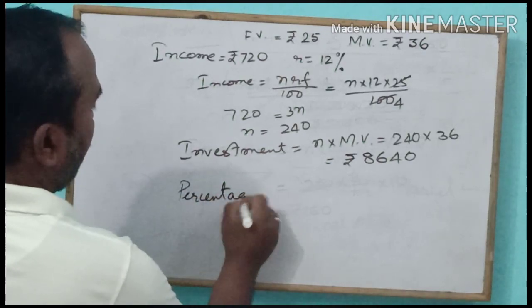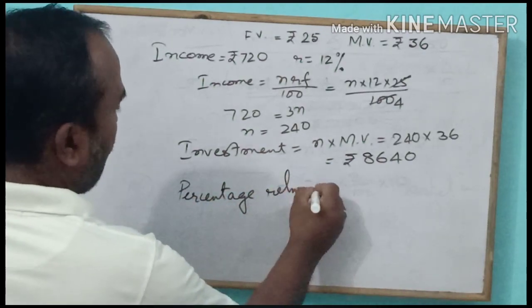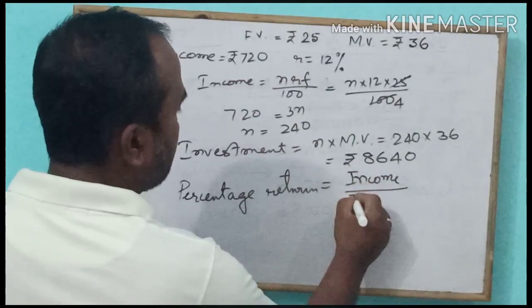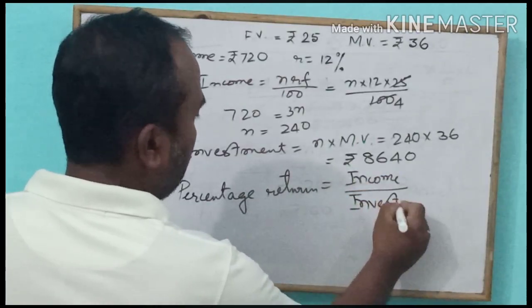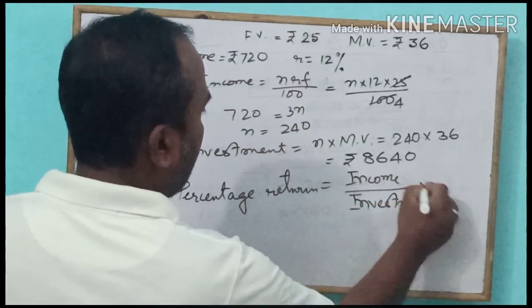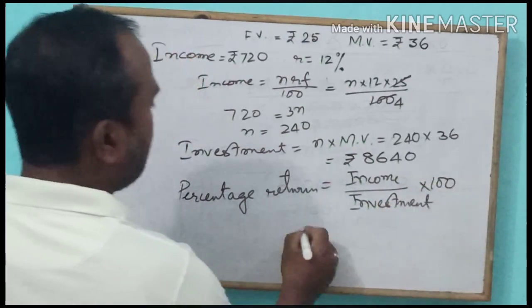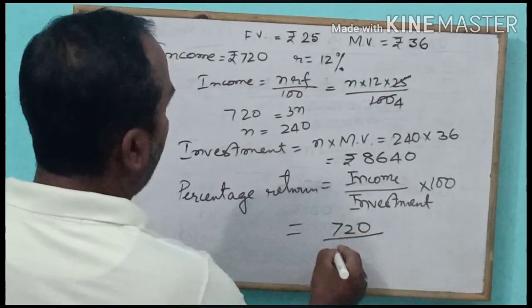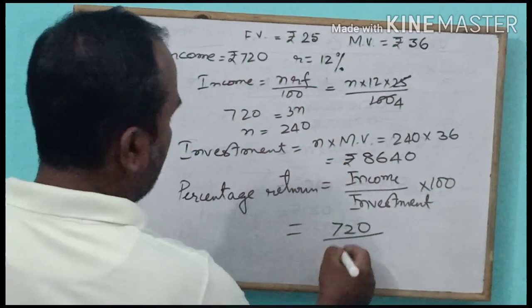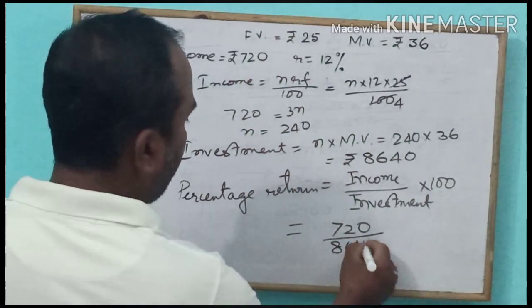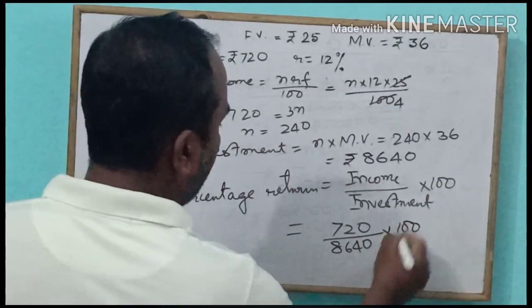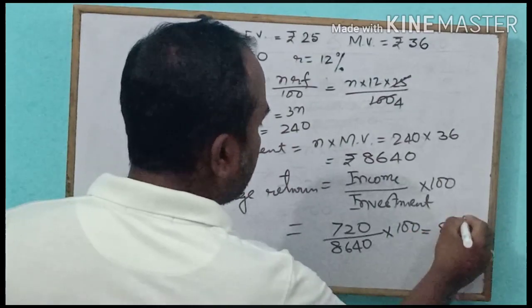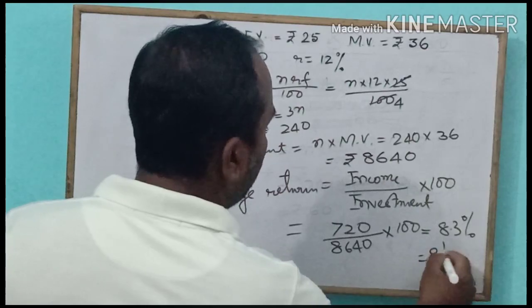Percentage return is income by investment into 100, that is 720 by 8,640 into 100, which comes to 8.3% or 8 1/3%.